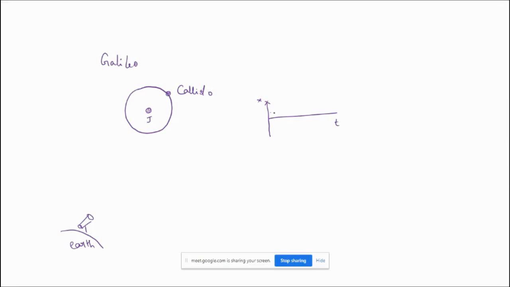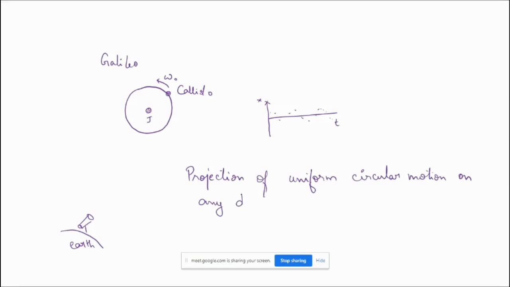So he plotted the position of Callisto with respect to time, and he proposed that the projection of uniform circular motion, because Callisto is a moon that revolves around Jupiter at a constant angular speed omega naught, on any diameter is simple harmonic.